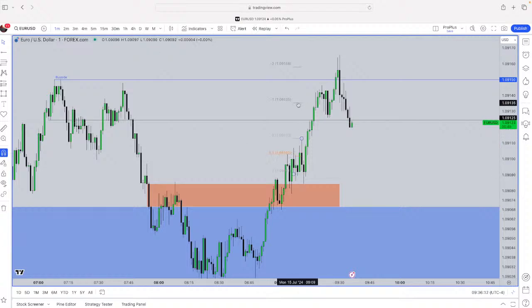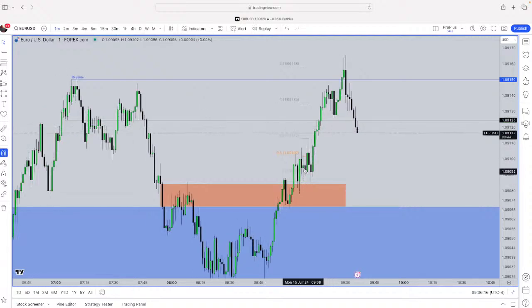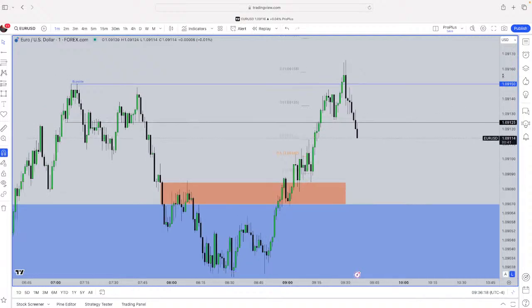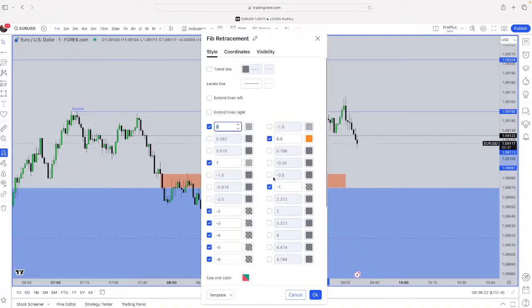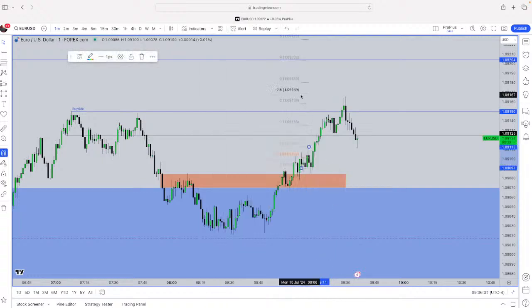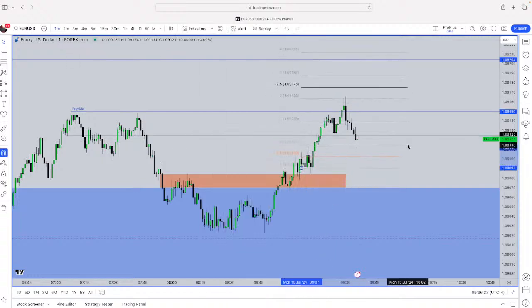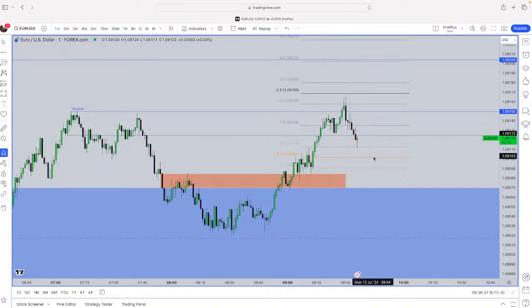That's one, and then two, from that there. Get 2.5 as well. Looks like it nearly runs into 2.5. Close to 2.5.